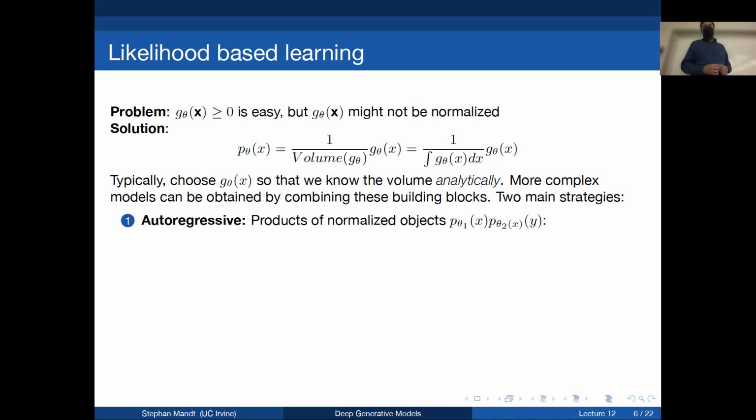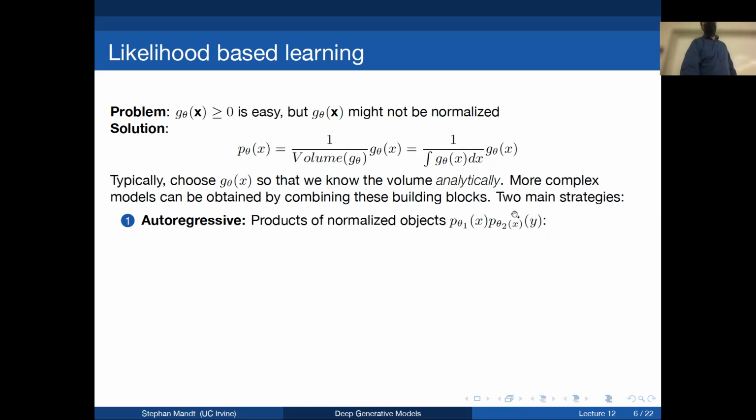Typically, the dependence of that distribution over y on x is hidden in the parameters of the model. Oftentimes we use neural network parameters, for example a recurrent neural network, and the hidden state of that network would know about the previous generated data point. So the dependence on x is via the parameters theta 2.